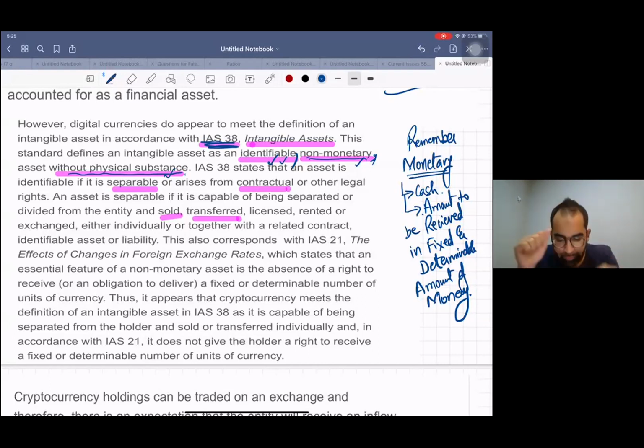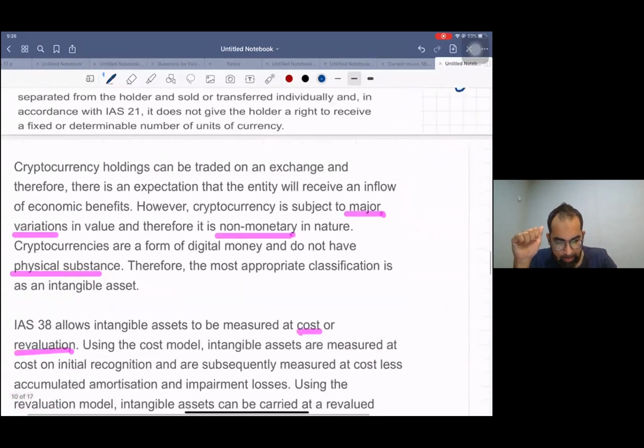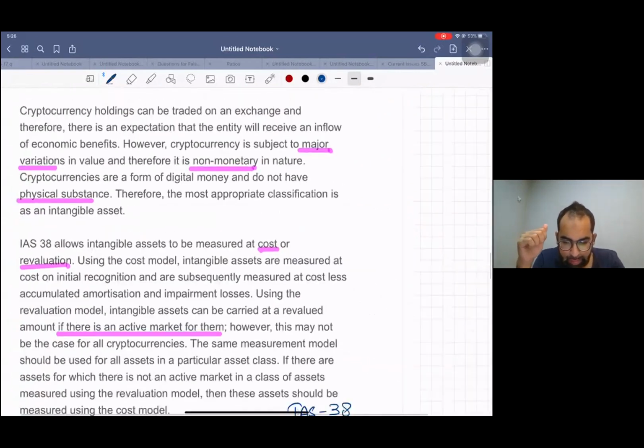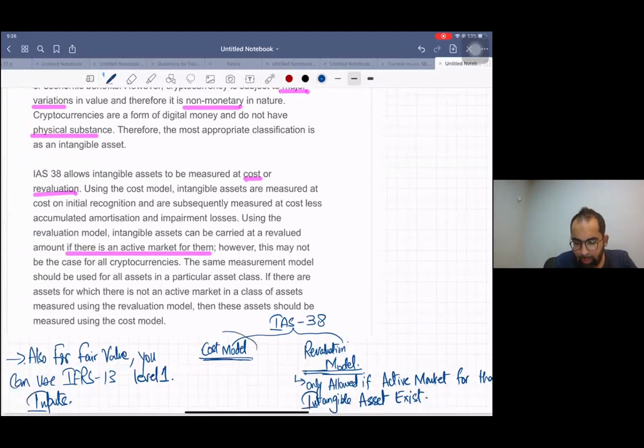Now the next step: I hope you remember, in IAS 38 there are two measurement models. The first is the cost model and the second is the revaluation model.